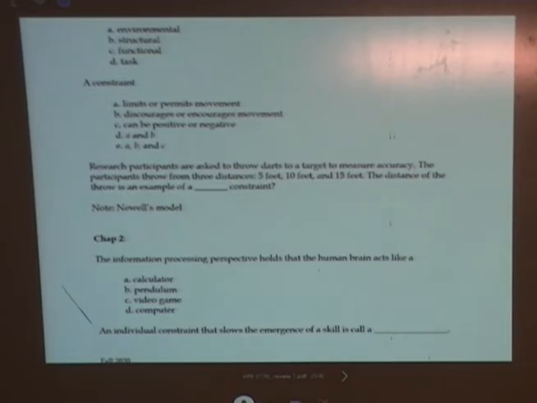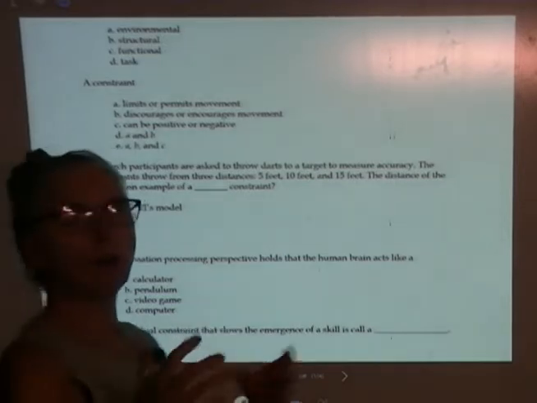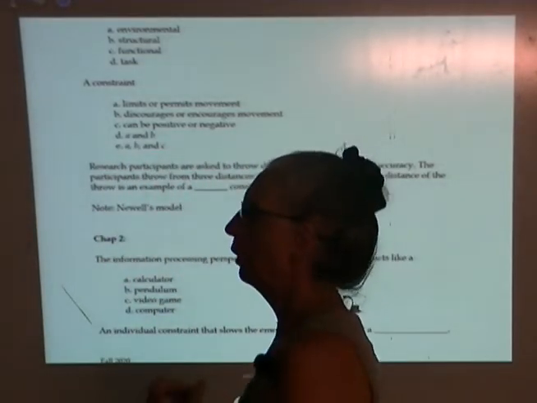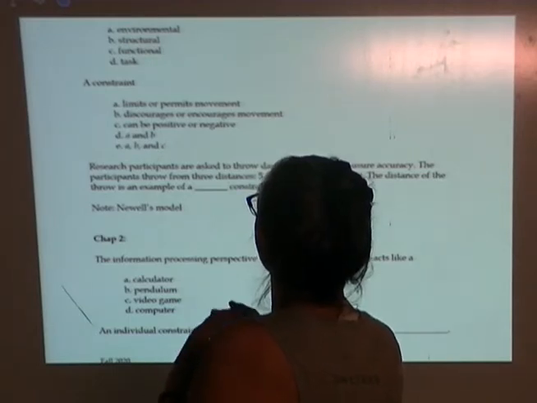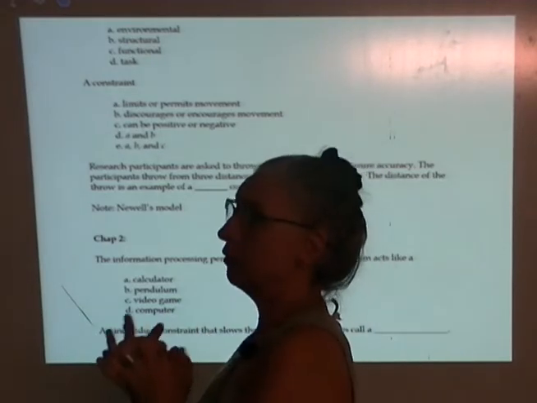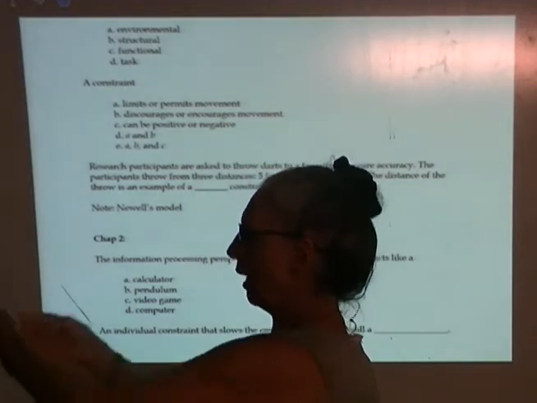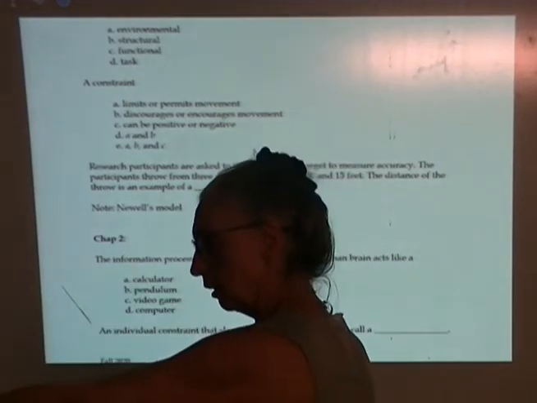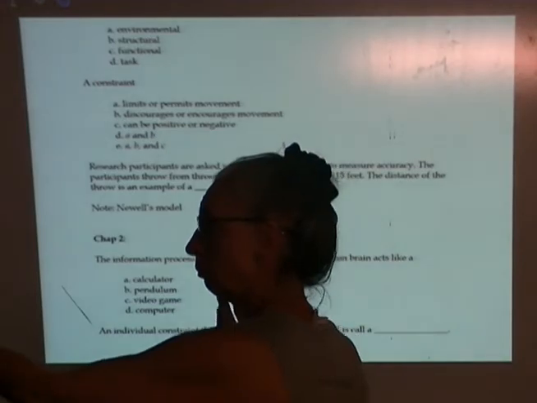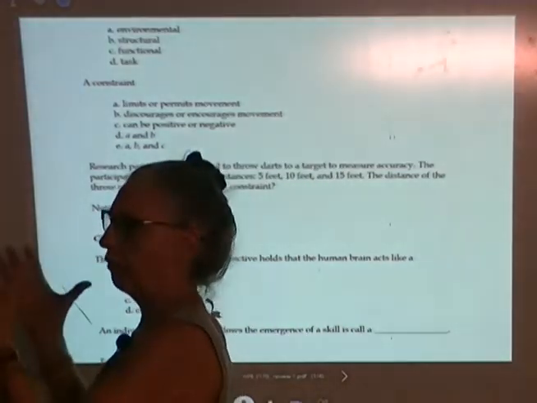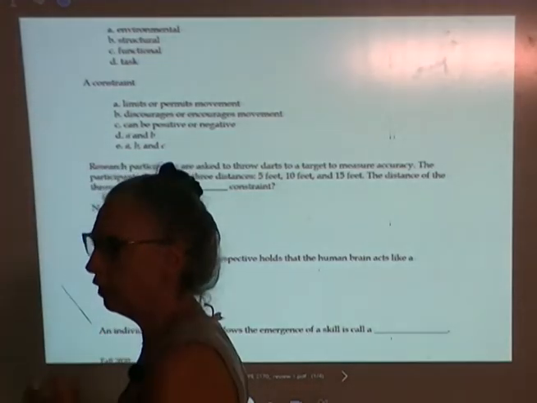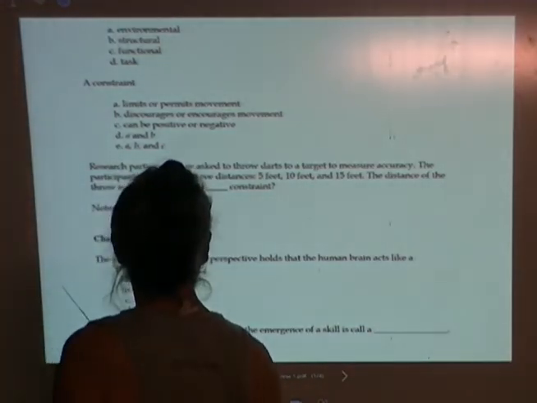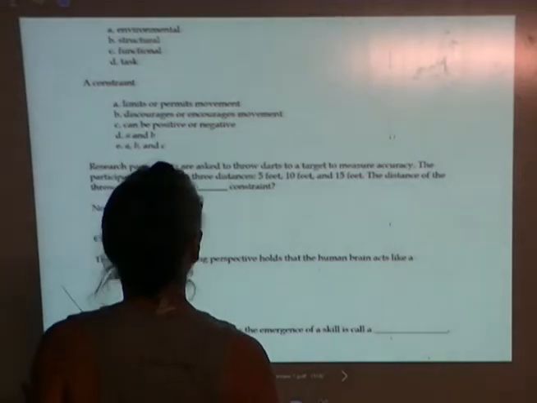Well done. Yeah, because it's the goal of the throw, in my view. Some people might argue it's environmental because we're talking about distance, and distance is in the environment. But no, my personal opinion is it's task. Good, okay.